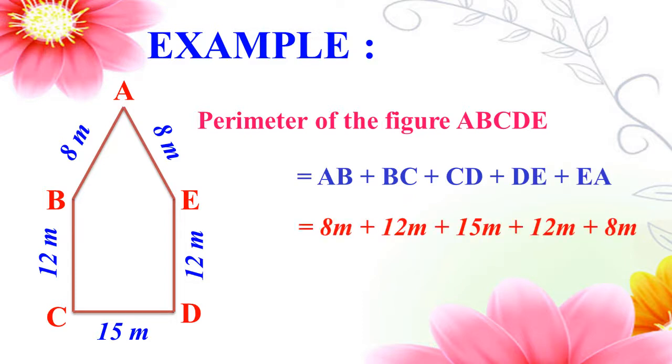So, 8 meter plus 12 meter plus 15 meter plus 12 meter plus 8 meter equal to 55 meter. And that is the perimeter of the figure ABCDE equal to 55 meter.